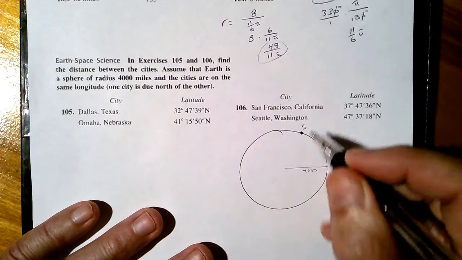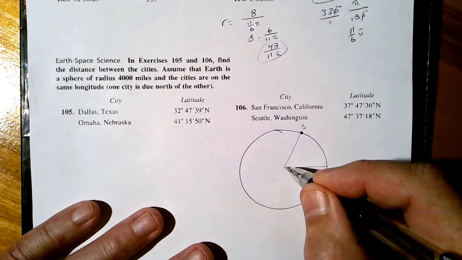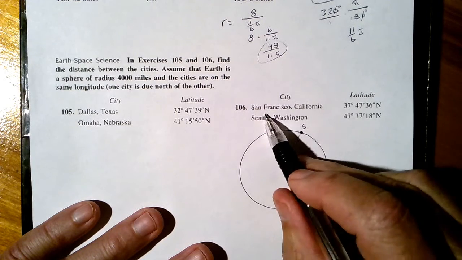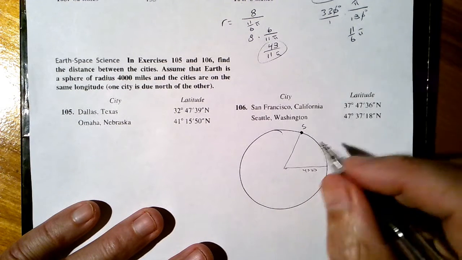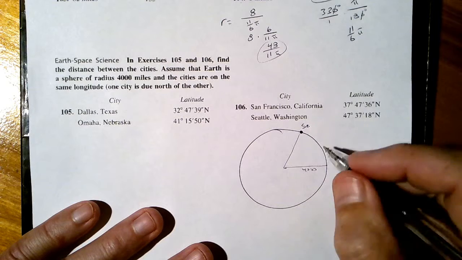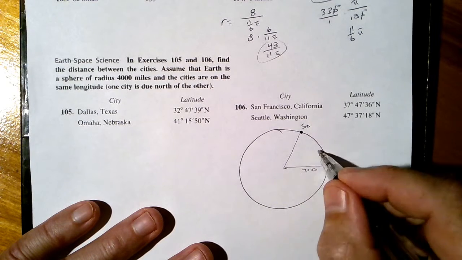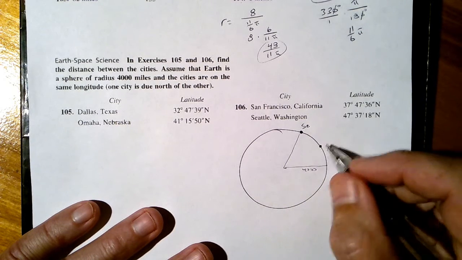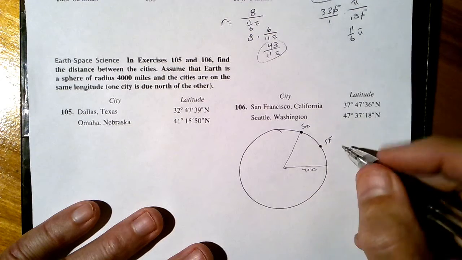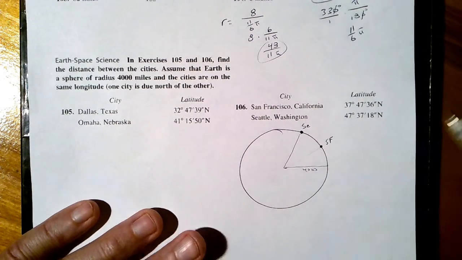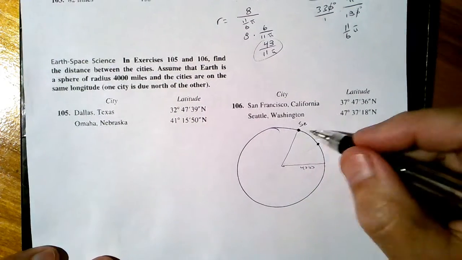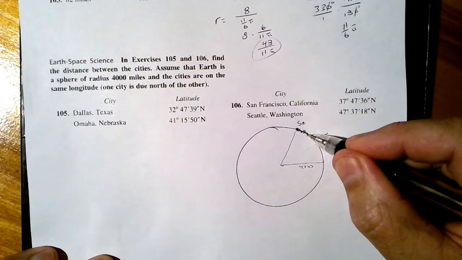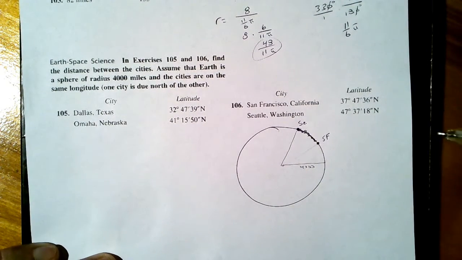So here's Seattle. And then we've got San Francisco. Seattle. San Francisco, that's not up as far. And again, I'm exaggerating some distances here. So here's San Fran right here. And we're supposed to find that arc length.